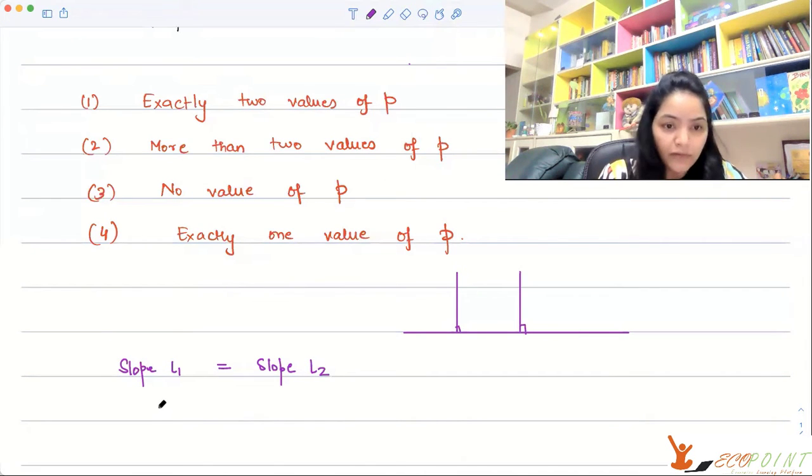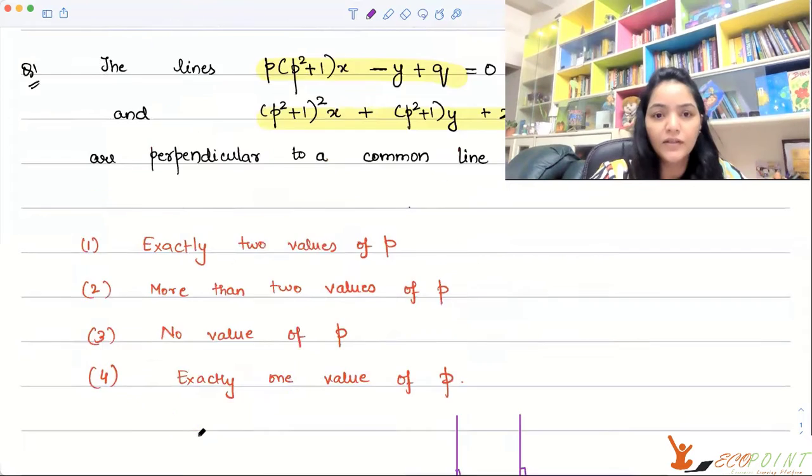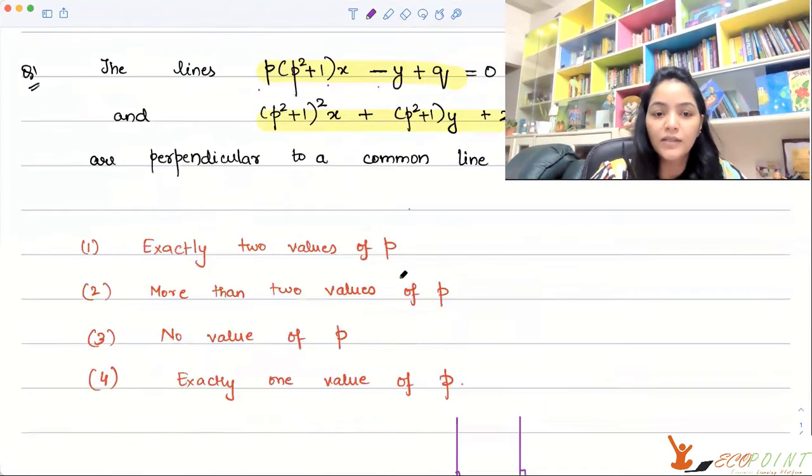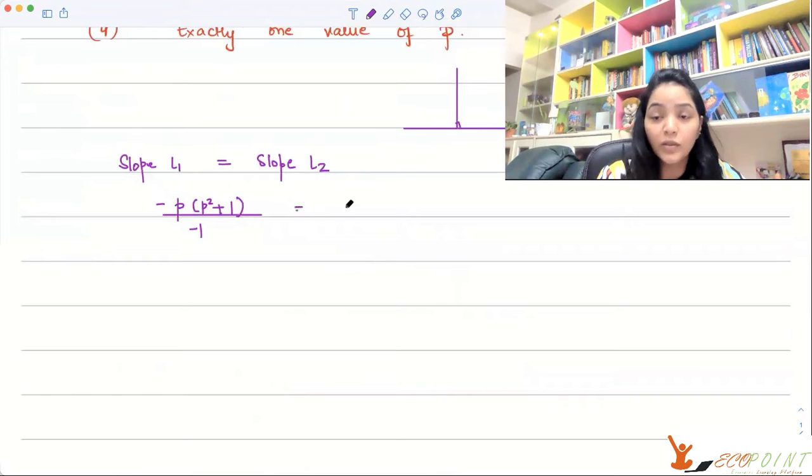Now, the slope of line 1 is −(p² + 1) upon −1. You can check for yourself: it is minus the coefficient of x upon the coefficient of y, that is, −a/b.